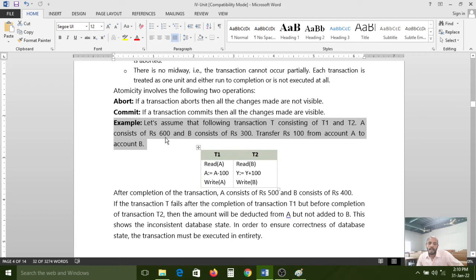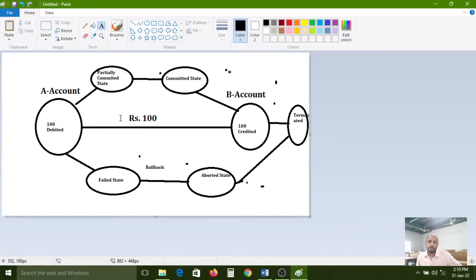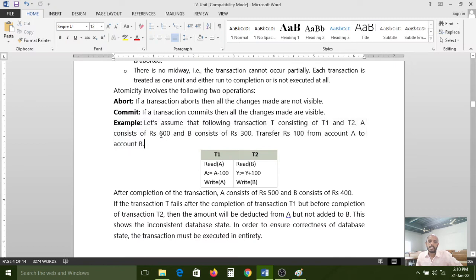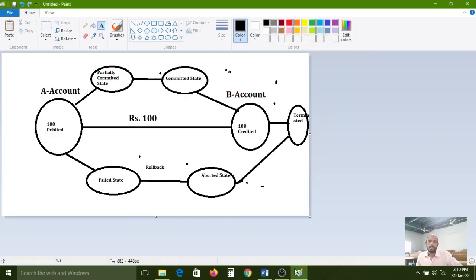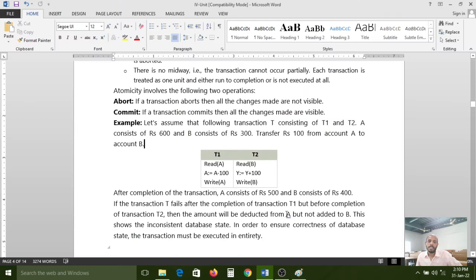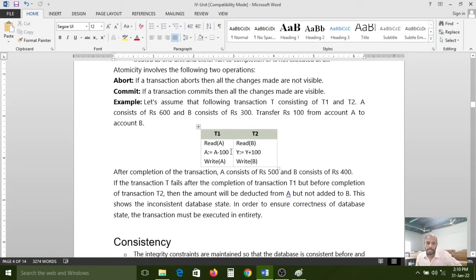We transfer 100 rupees from account A to account B. Same thing, I explained this concept previously. Initially the A account has 600 and the B account has 300 rupees.